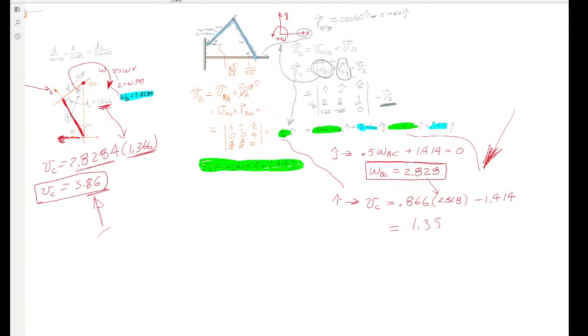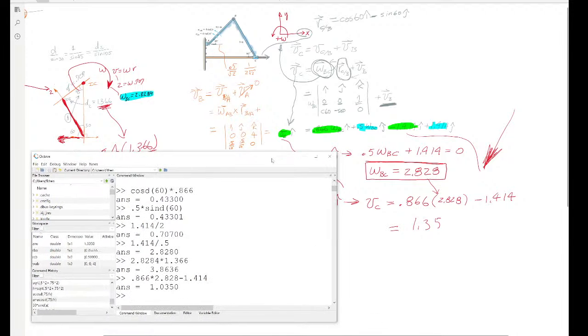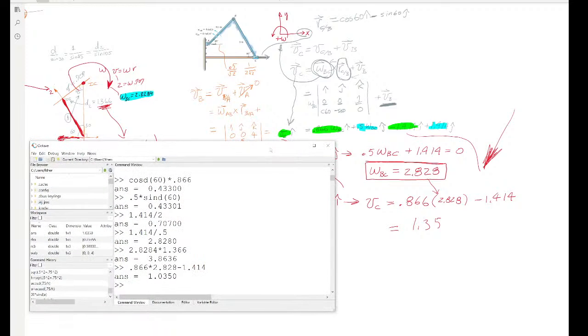Well, right now, I can't figure out what it is. I may pick this up because I've got to go off. I may go back and look at this in the interim. 0.866 minus 1.414. I may go ahead and pick this back up on Monday. So we may do a streaming lecture from here on Monday. And I can pick this back up on Monday.